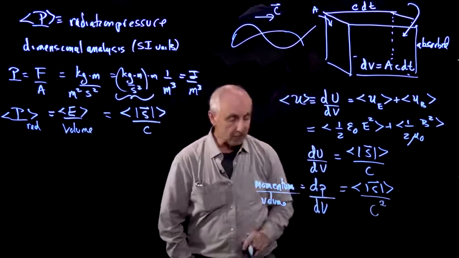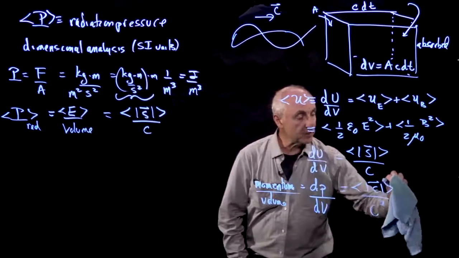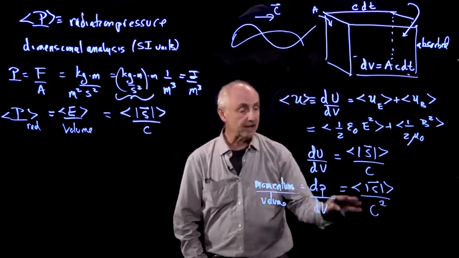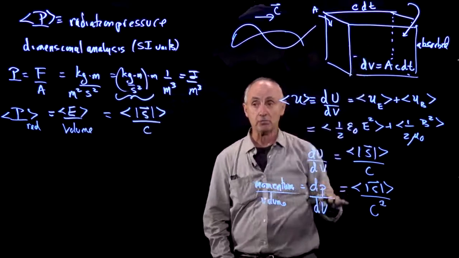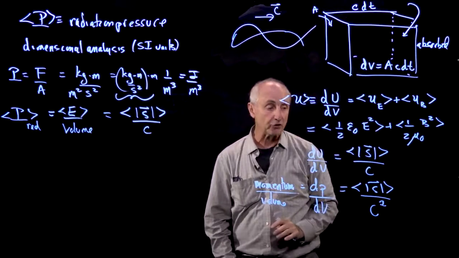Now, that's a difficult calculation to prove, but let's just see one of the consequences of that calculation when we compare how much energy is stored in this volume to how much momentum is stored in the volume.